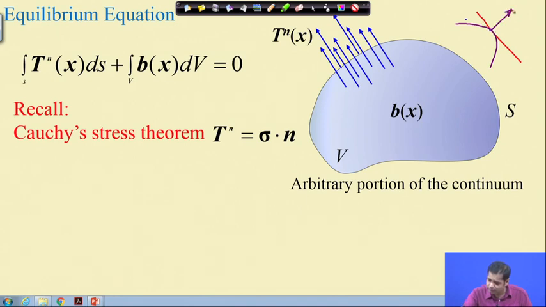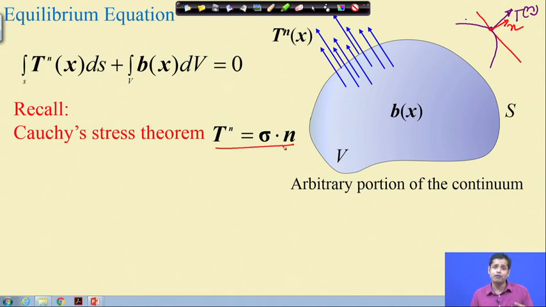This traction can be represented using sigma, the state of stress at that point, and n, the normal direction which defines the plane. So, the traction vector can be obtained as sigma dot n.